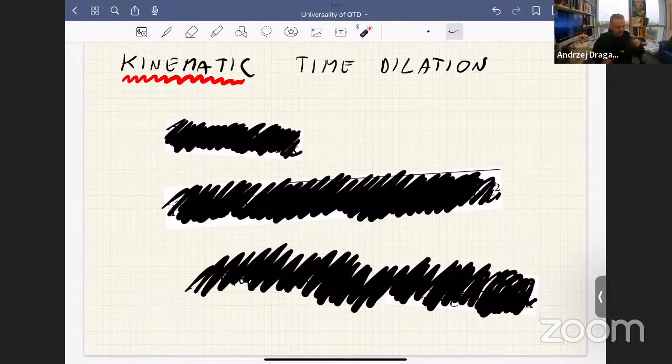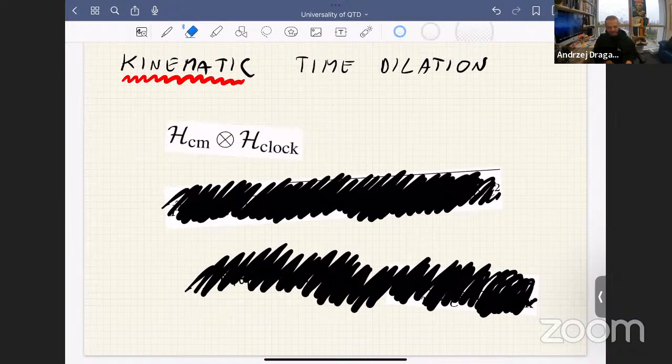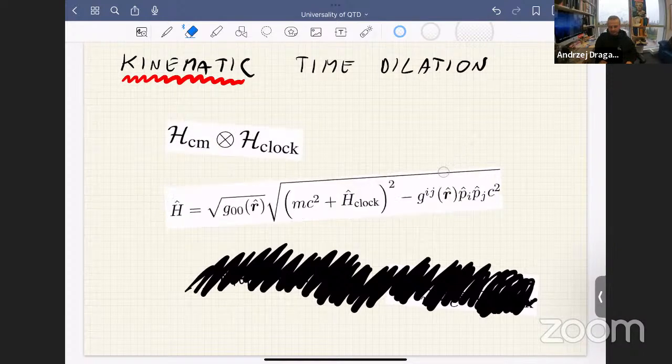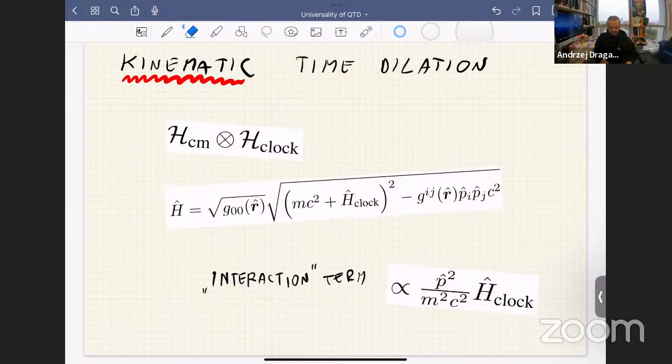So for that, we take our Hamiltonian, and we take a special case where this Hamiltonian can be approximated so that you neglect gravity, you take flat space-time, so that g00 is just 1, gij is just 1.